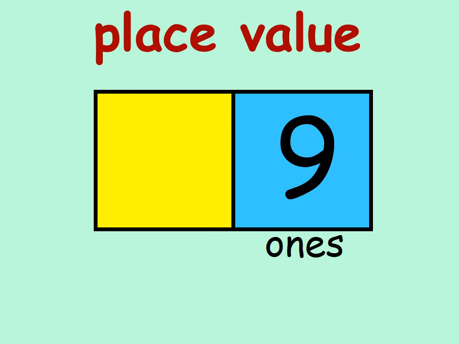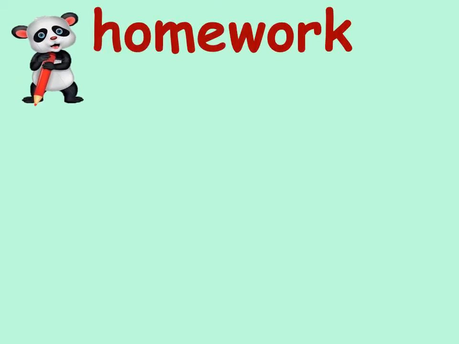That's it. You can only put one digit in the ones column. One digit. And 9 is the highest value. That's what I want you to learn today. I just want you to learn that part of place value, because this can be hard.